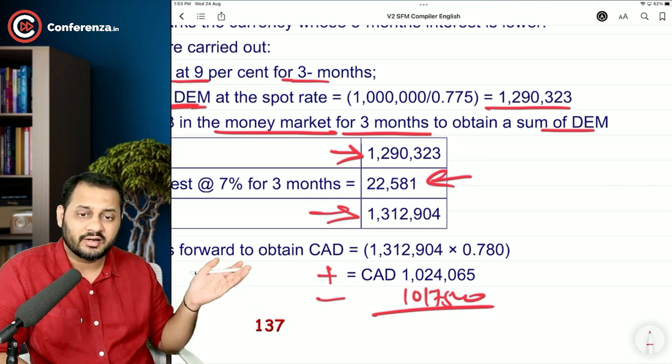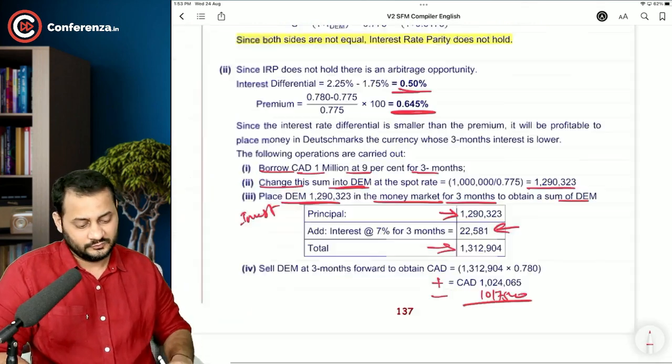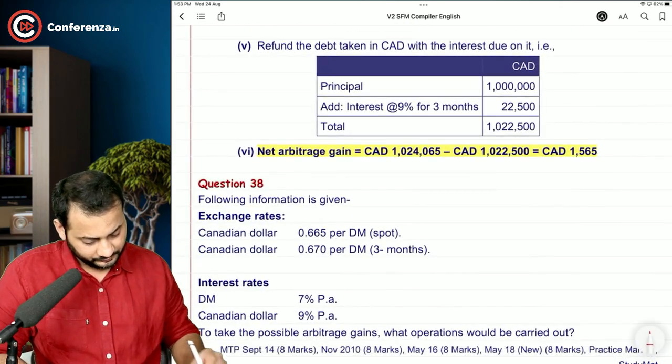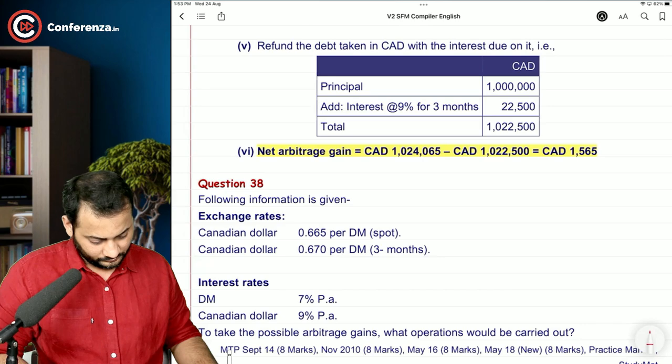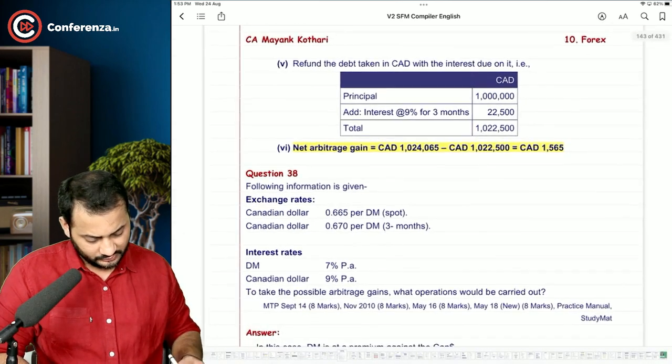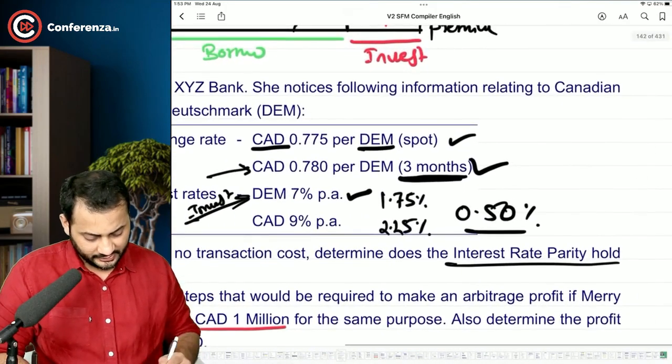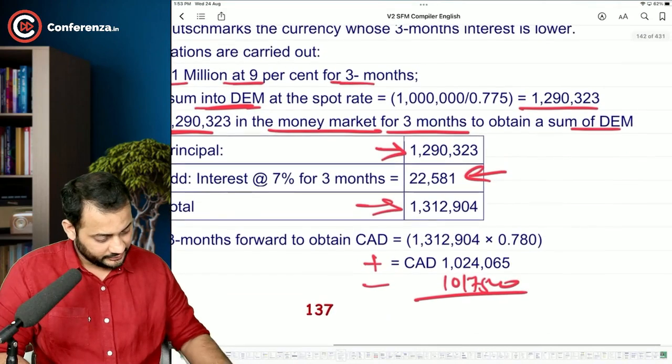You can clearly see that the receipt is higher. So all in all, this procedure has to be... Okay, that's my mistake. It should be 2.25%.